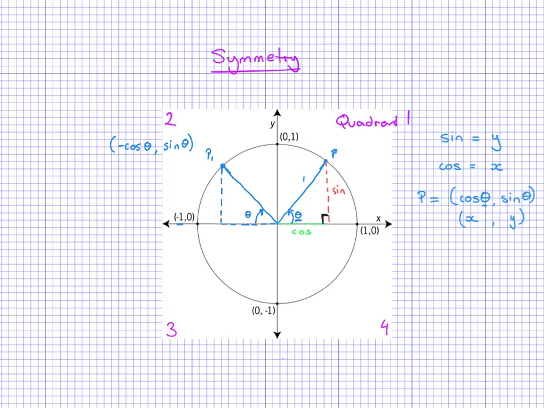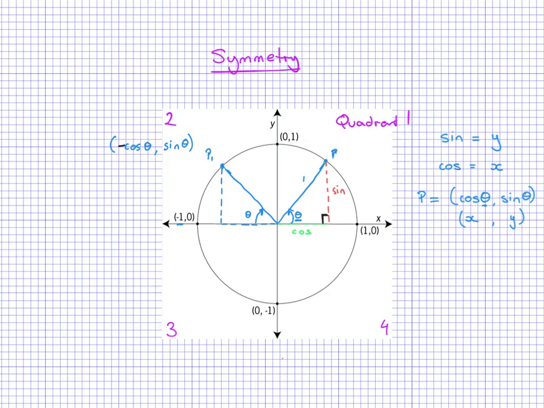I can illustrate that by showing you there's a horizontal line across there. They're at the same height, which means the y values are the same, but the x value has switched from positive to negative. That's the only change, and that's what happens in quadrant 2 for all points. All that happens is the cosine switches from a positive x to a negative x.